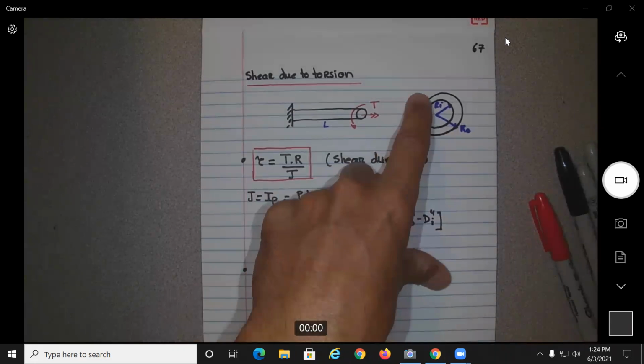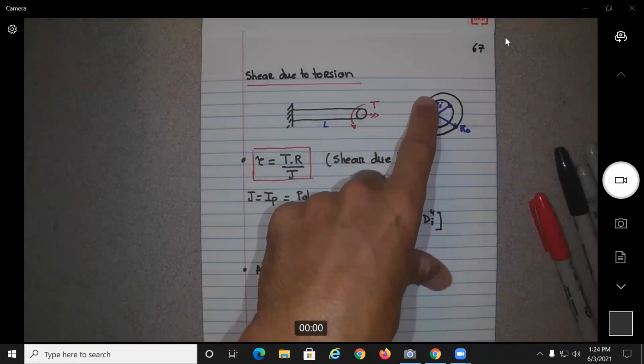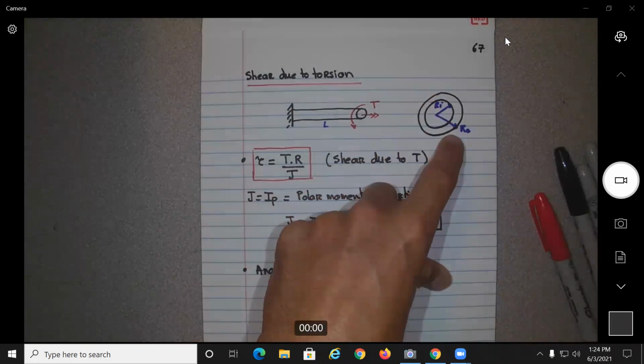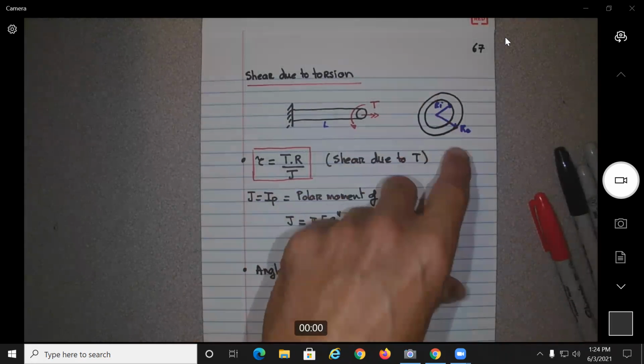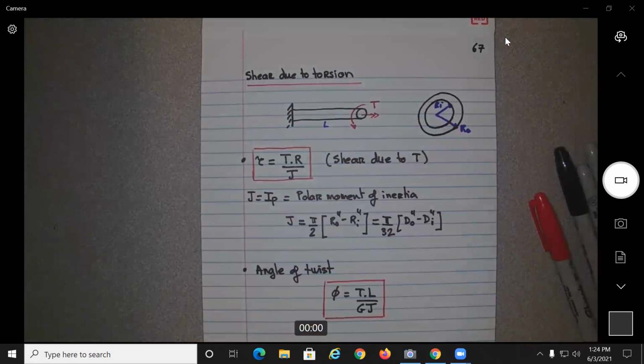A tube like this one with an outside radius and inside radius, or a solid shaft? Which one will be able to resist a higher stress, the tube or the shaft, by looking at the equation? No, because the J will be smaller for the tube, no? And since it's dividing, this should be bigger. And the reason for that is what?